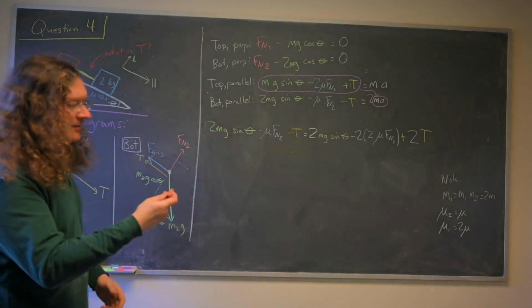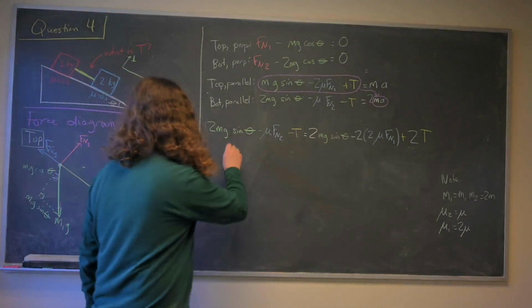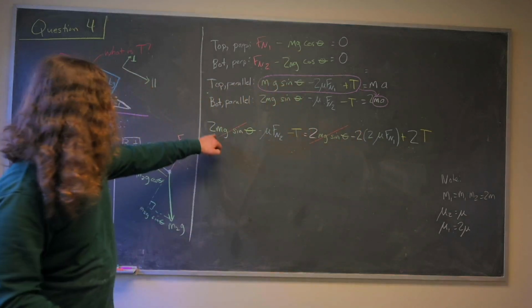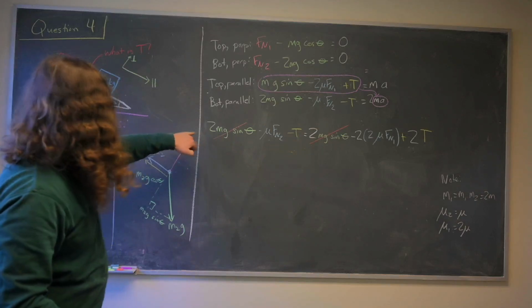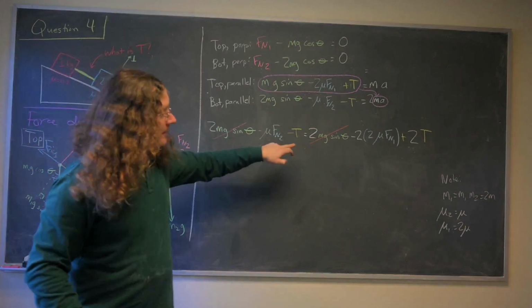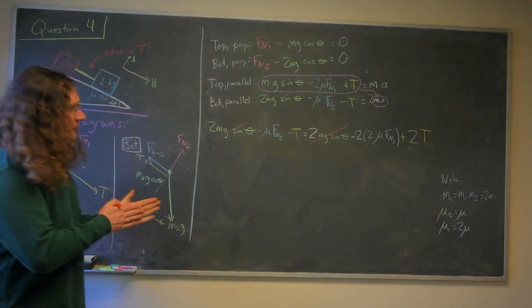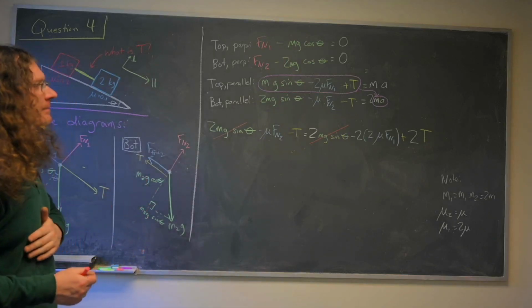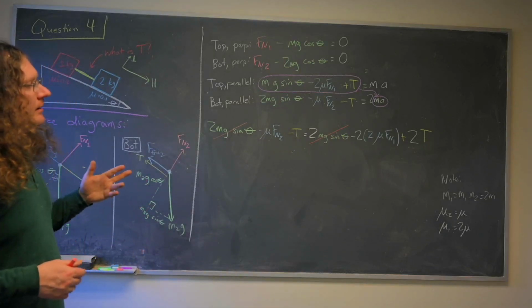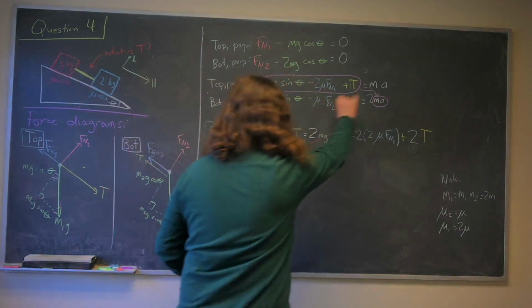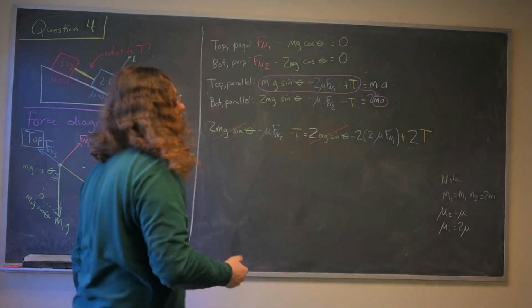This looks a little messy, but I can already start canceling things. This cancels with this. Notice here the 2 came from the fact that the mass of the bottom one is 2m, but this 2 came from the right-hand side when we did our substitution. That's okay. Now, I can just solve for tension. So I'm going to put all the T's over here, and I'm going to put all the other stuff over on the left-hand side.